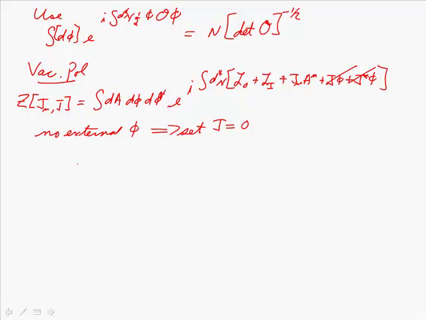So what we're going to do is leave the A integration and let that be as usual, integral d4x, minus a quarter F squared plus J mu A mu.